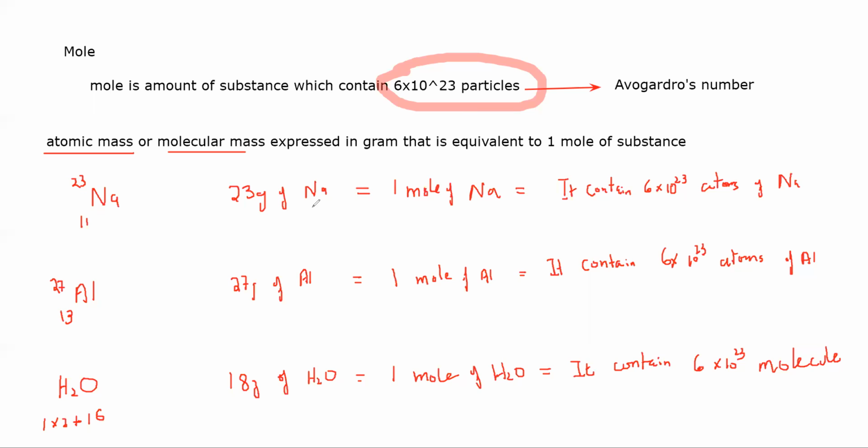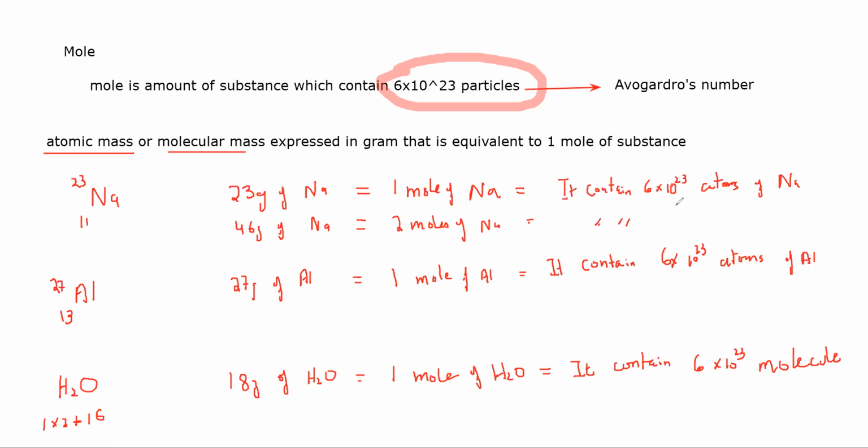But for example, if you are having 46 gram of sodium, how many moles will be there? It will be 2 moles of sodium. And how many particles will be there?